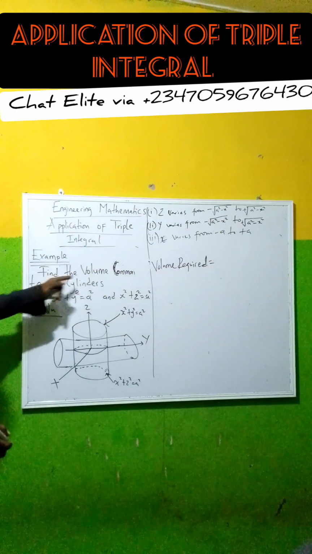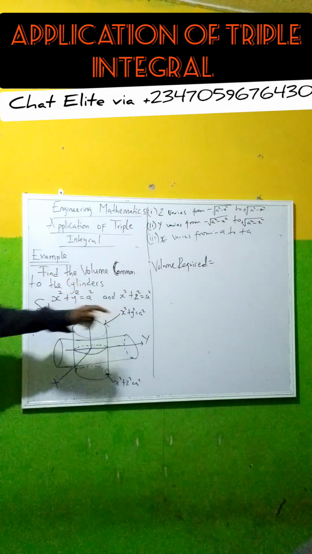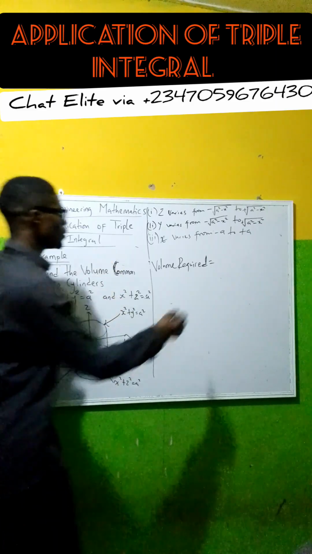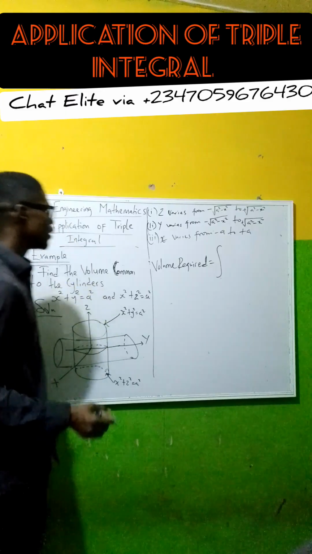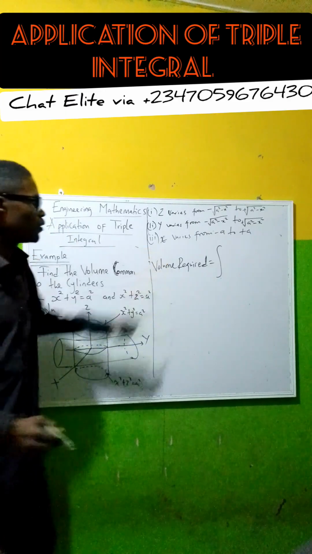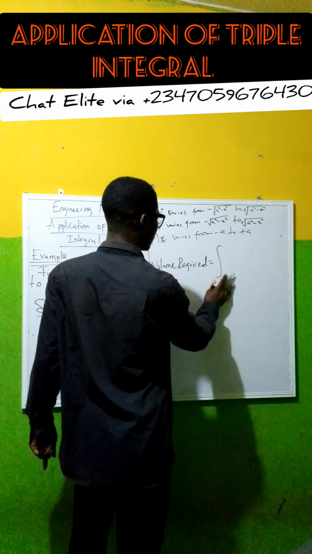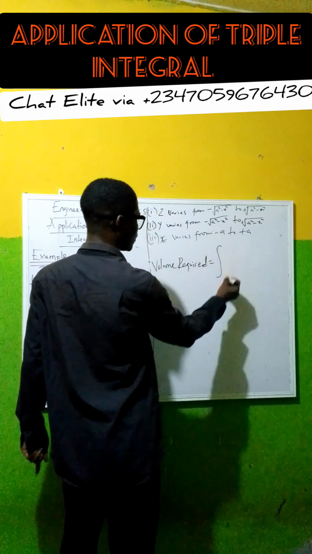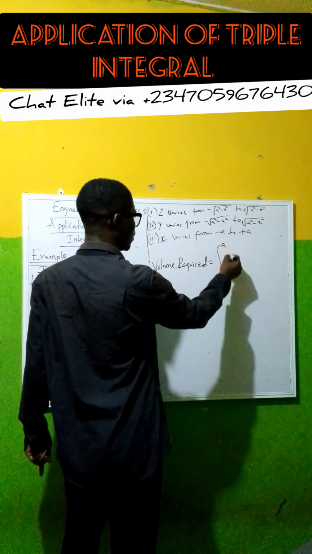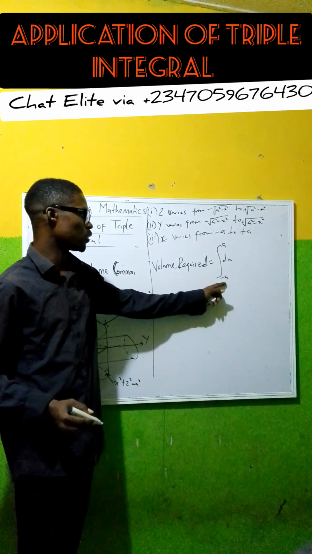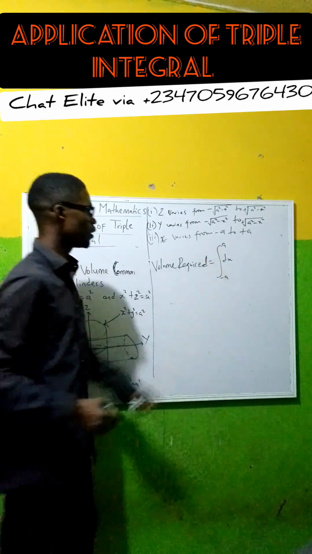Remember we are finding the volume common to these cylinders. So the volume required will be equal to the integral of, starting with X, minus A to A dx.